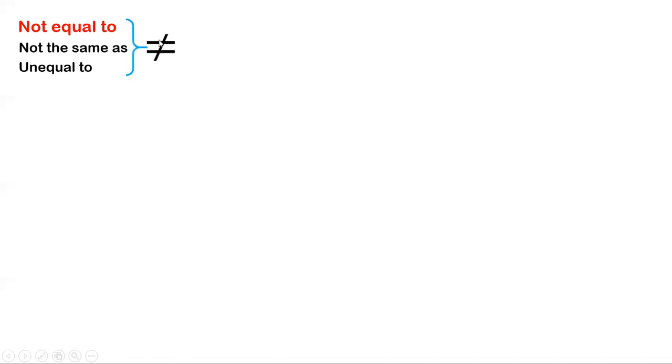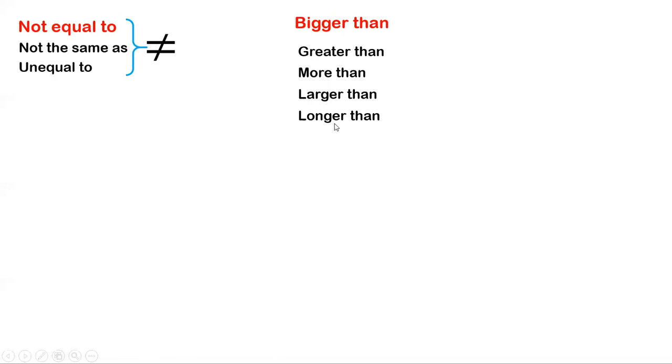Okay, so this, you will need to use this sign. Okay, now bigger than, sometimes it is called greater than, or it can be more than, larger than, longer than, most especially when you are talking about length, older than, when you're talking about age. And now this is the symbol to use.